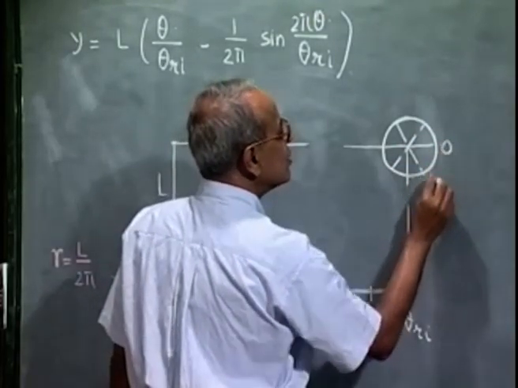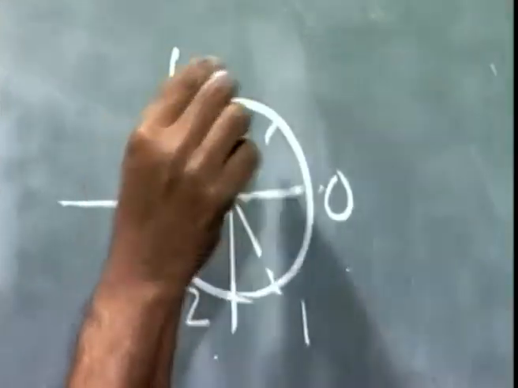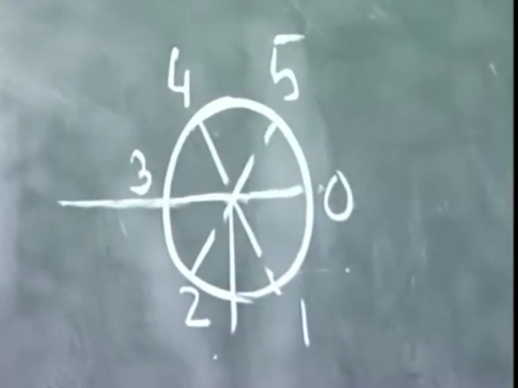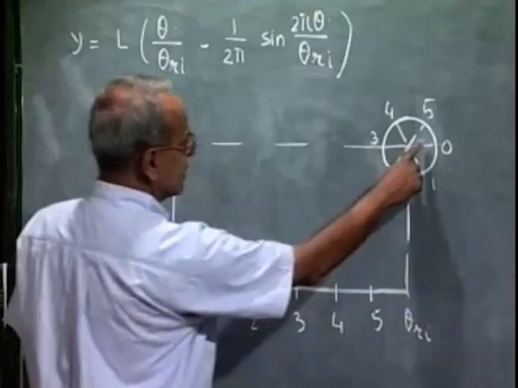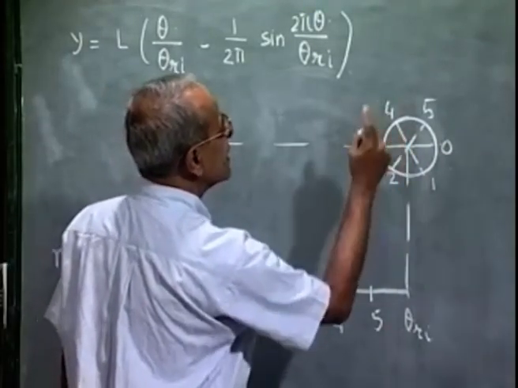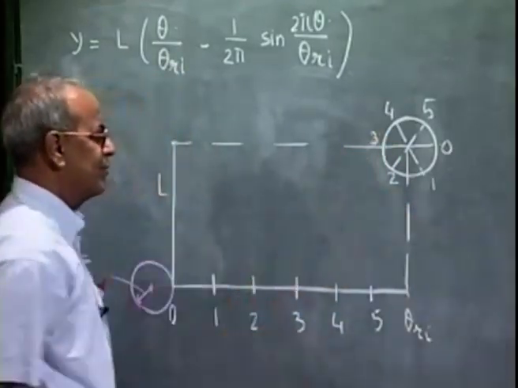This is 0, 1, 2, 3, 4, 5, that is 60, 120, 180, 240, 300. So we call it 0, 1, 2, 3, 4, 5.